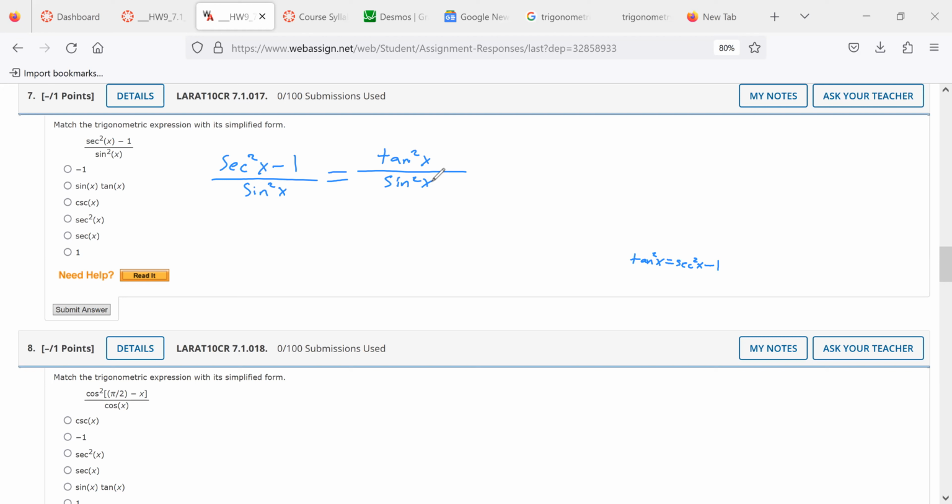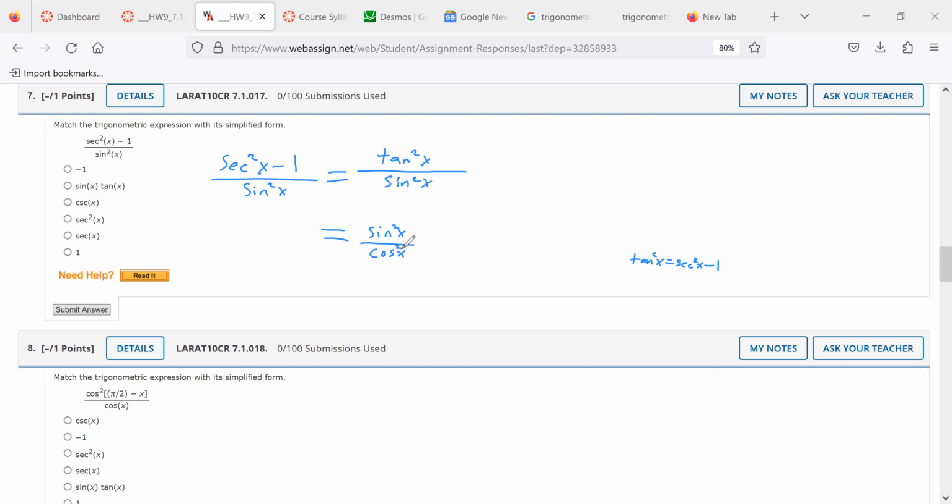Multiply. Yeah, let's deal with this fraction. What is tangent? Sine over cosine. Are we looking for the tangent identities? Yeah, that's the thing.